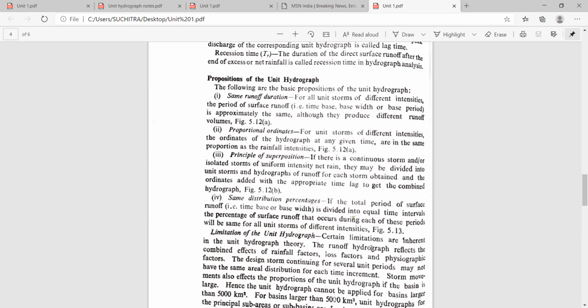Rainfall factors mean the intensity of the rainfall, the duration of the rainfall, and the areal extent of the rainfall, and the loss factors like the evaporation losses, the infiltration losses, and other losses, and the physiographic factors of the catchment area like shape, slope, and size of the catchment area.